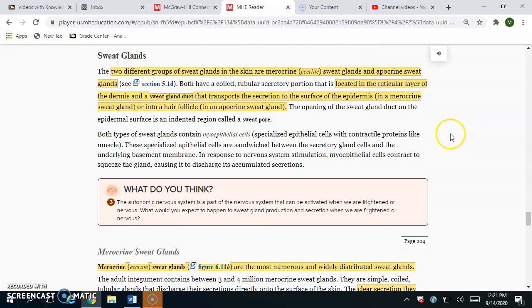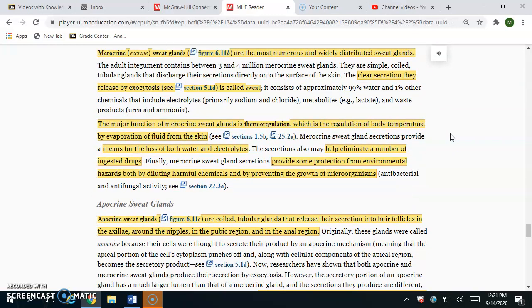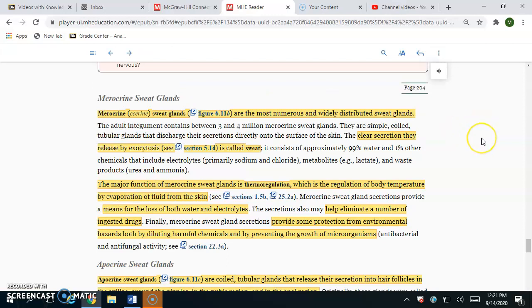Both release a product called sweat, but what they contain is a little different, and their location in the body is also a little different.